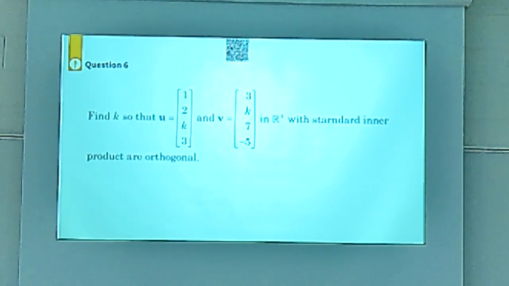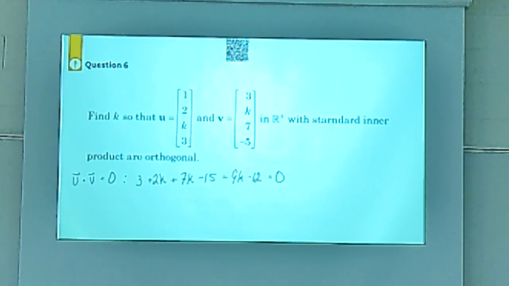We want to find the value of k so that these two vectors in R4 with standard inner product are orthogonal. Remember, orthogonal means that their inner product is 0. 3 plus 2k plus 7k minus 15. 9k minus 12 has to be 0.